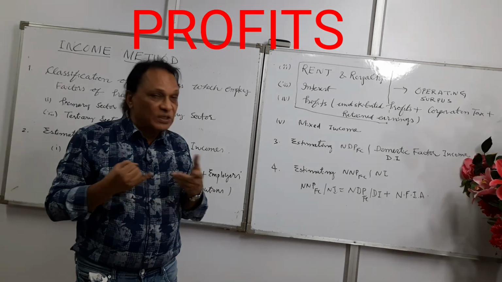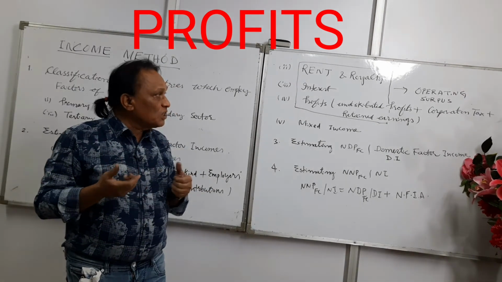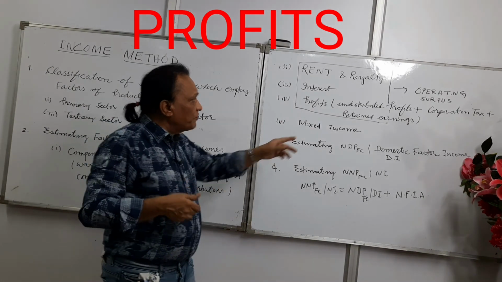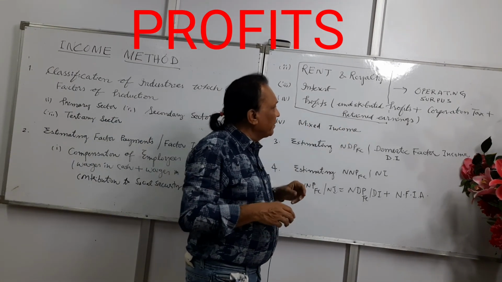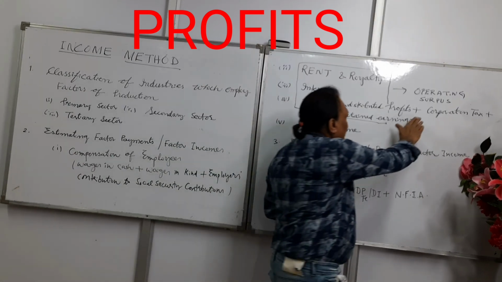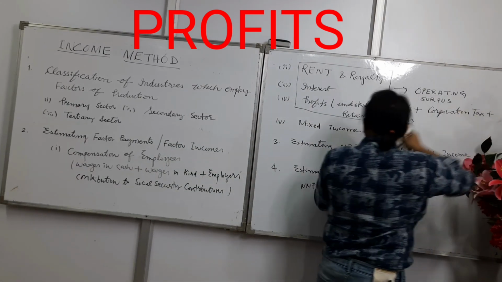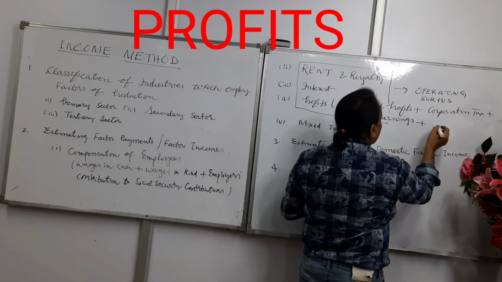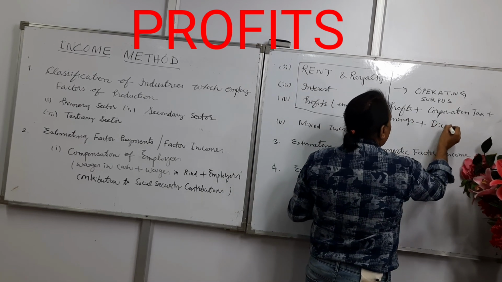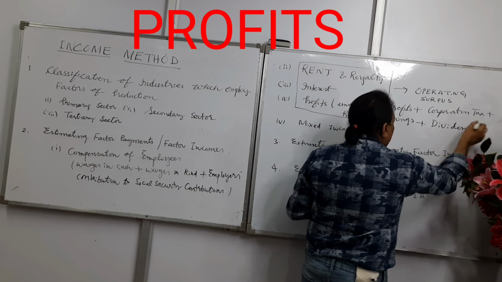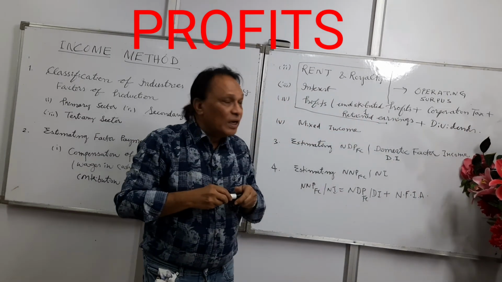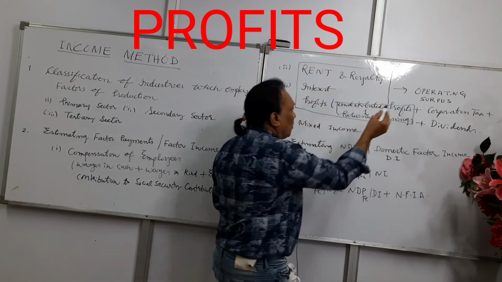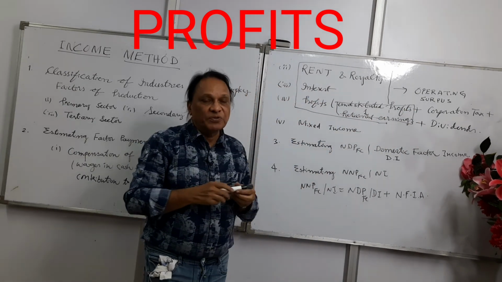And the last part, whatever is left, the firm distributes as dividends. So profit has 3 components: corporation tax plus undistributed profits or retained earnings plus dividends.